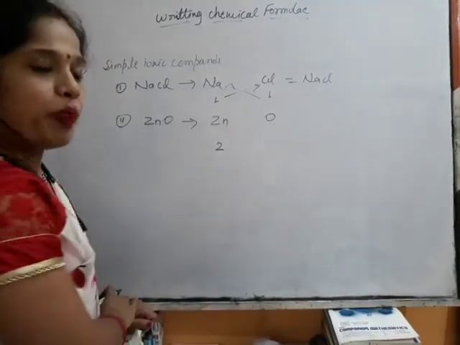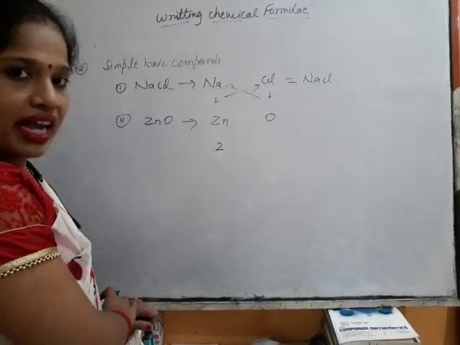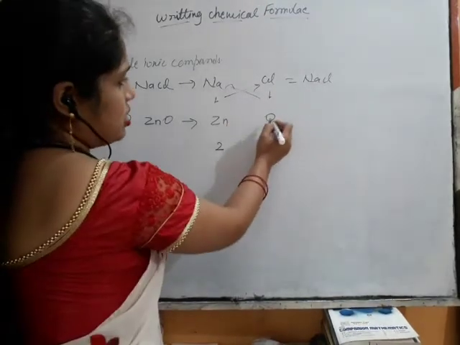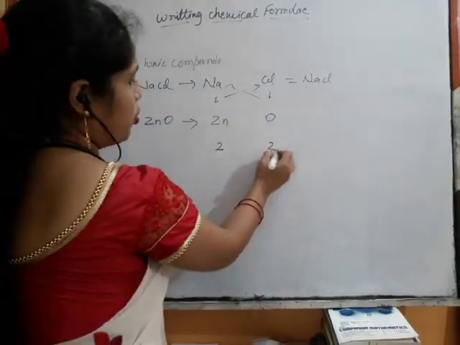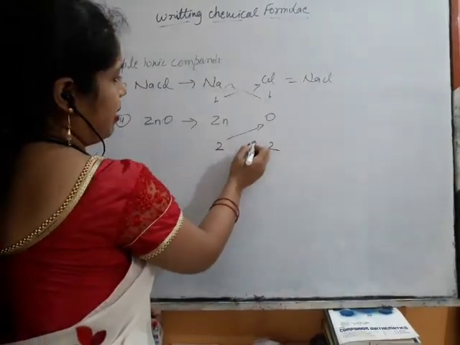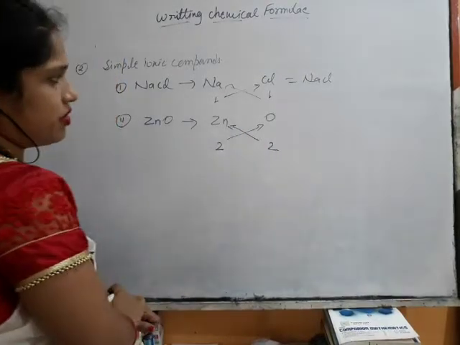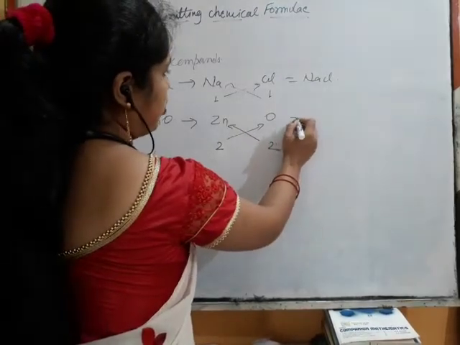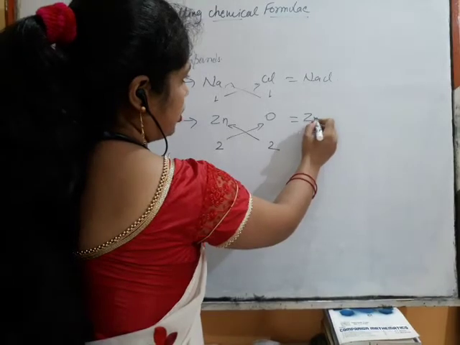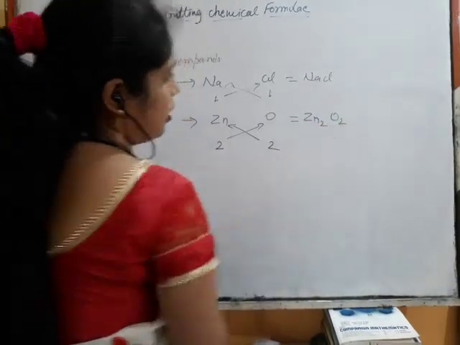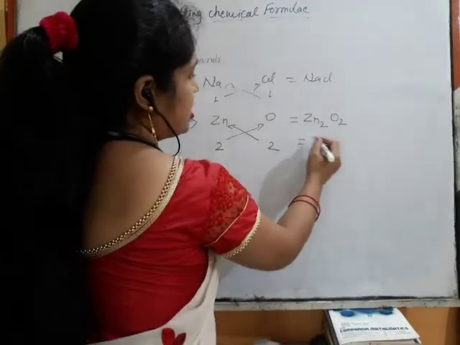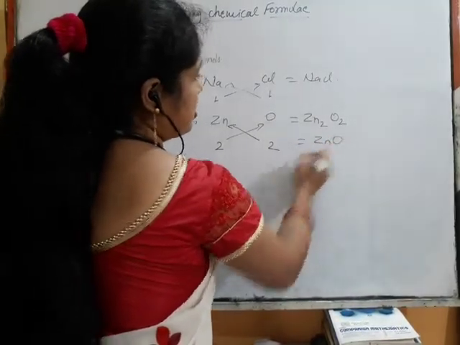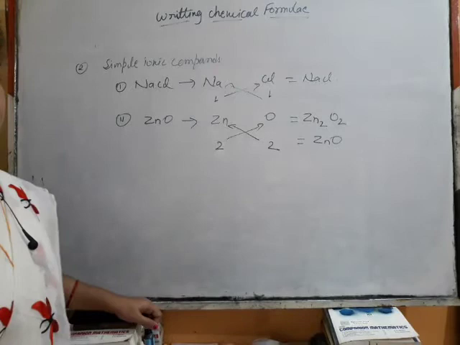It is zinc 2 plus, positive bivalent ion, and it is O2 negative bivalent ion. So both the valencies are same, but one is negative and one is positive. So they will crisscross and take the position at the subscript position, Zn2 and O2. So now by taking the whole number ratio, 2 is taken out common, so it becomes ZnO, zinc oxide.